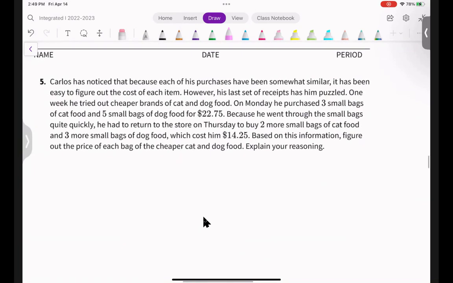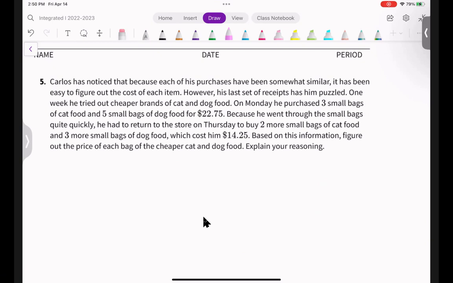It says Carlos has noticed that because each of his purchases have been somewhat similar, it has been easy to figure out the cost of each item. However, his last set of receipts had him puzzled. One week he tried out cheaper brands of cat and dog food. On Monday, he bought 3 small bags of cat food and 3 small bags of dog food for $22.75.